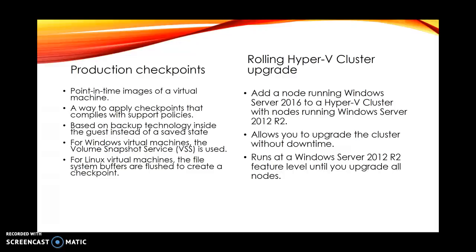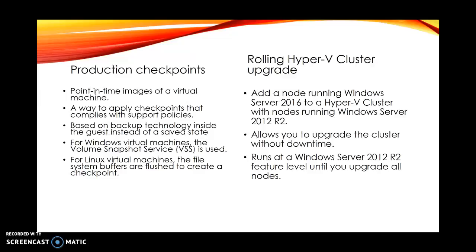For Windows virtual machines, the Volume Snapshot Service is used. For Linux virtual machines, the file system buffers are flushed to create a checkpoint that's consistent with the file system. If you'd rather use checkpoints based on saved states, choose standard checkpoints instead.